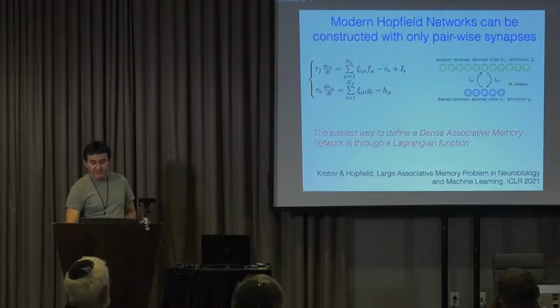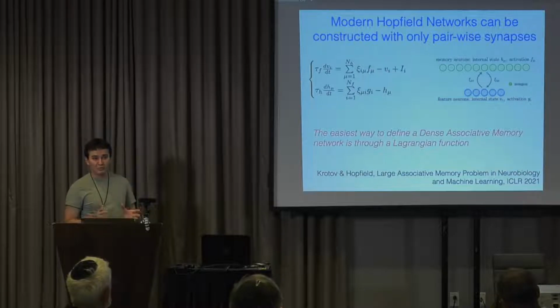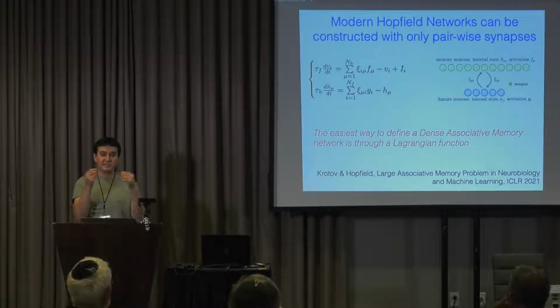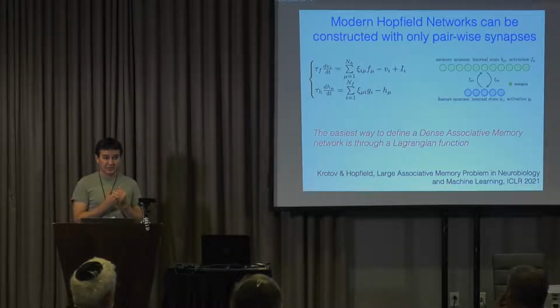And what we have recently realized is that this is a completely wrong way to think about the system. Because if you think about it that way, then you immediately need to conclude that these systems are highly unbiological, right? Because in biology, most neurons tend to interact in a pairwise way. And here, it seems like you would require some kind of many-body interactions.